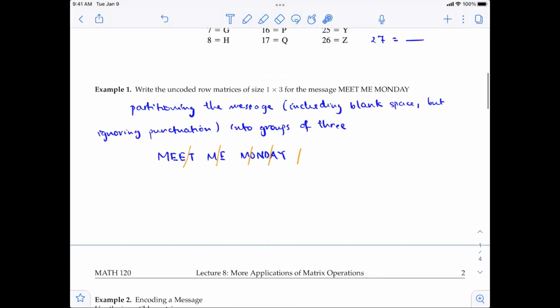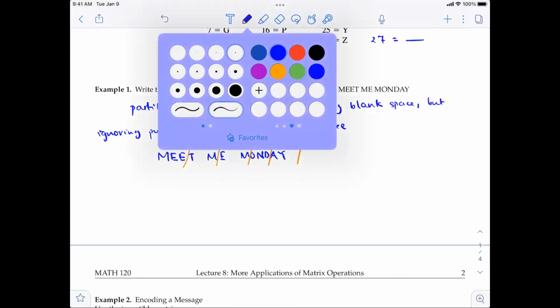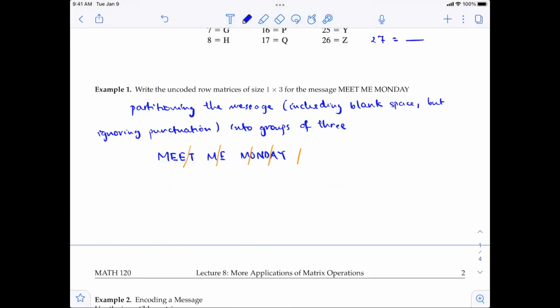So this message can be encoded into row matrices as follows. The word MEE is going to be 13, 5, 5. The next row matrix is going to be T space M, or 20, 0, 13. Then E spacing M is 5, 0, 13.